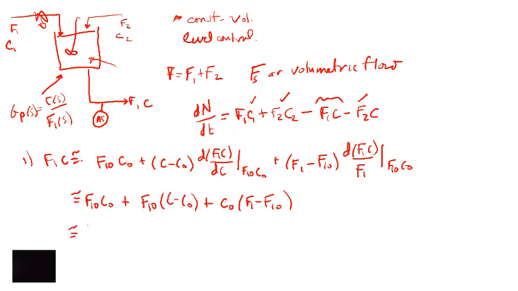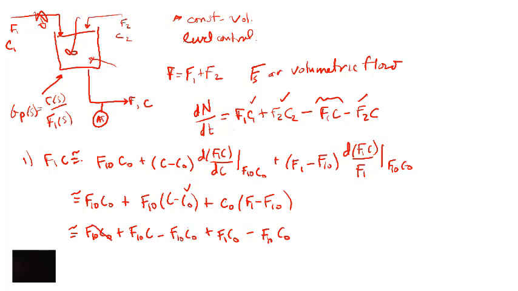Then we can further simplify this by combining these things together. This is going to be F10C0 plus F10C minus F10C0 plus F1C0 minus F10C0.